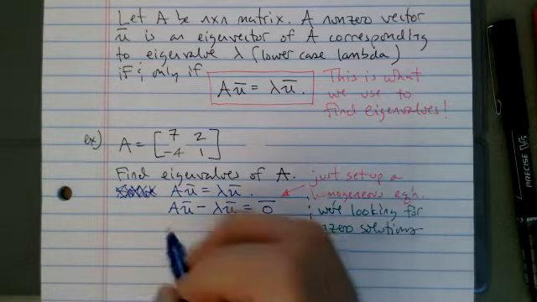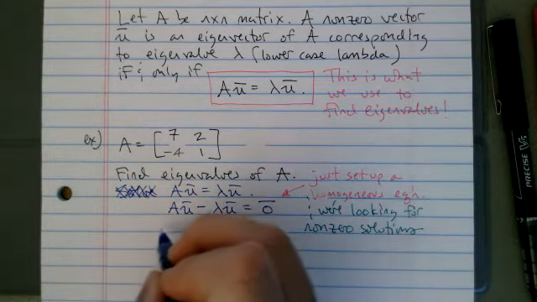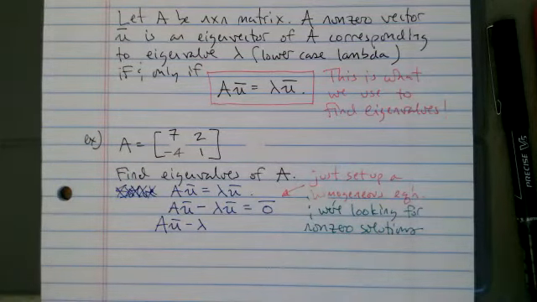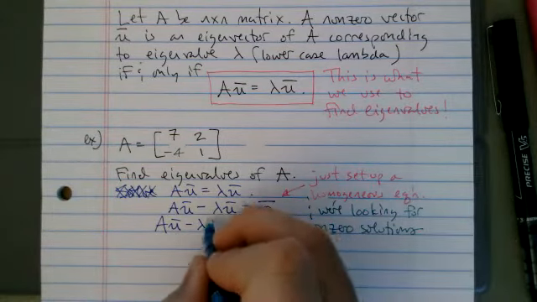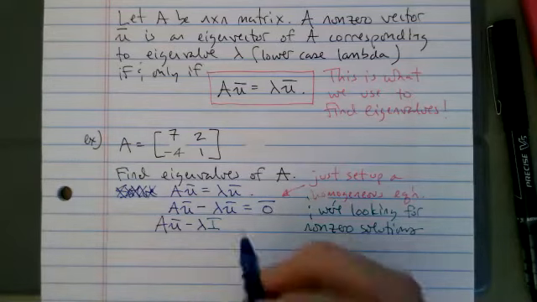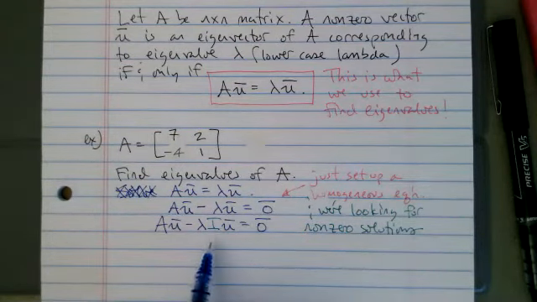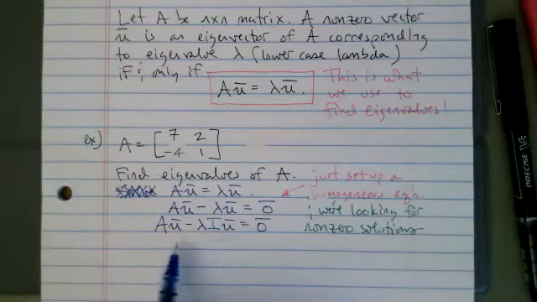So I'm going to write this as A minus lambda I, where I insert the I here, times u equals 0.